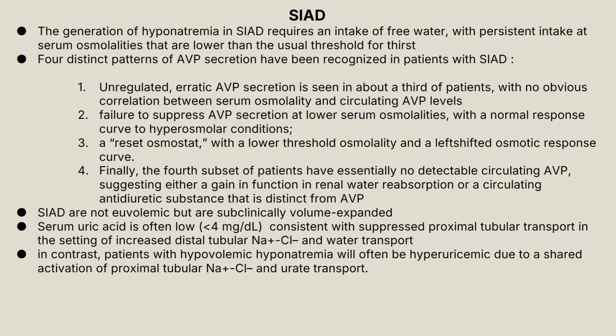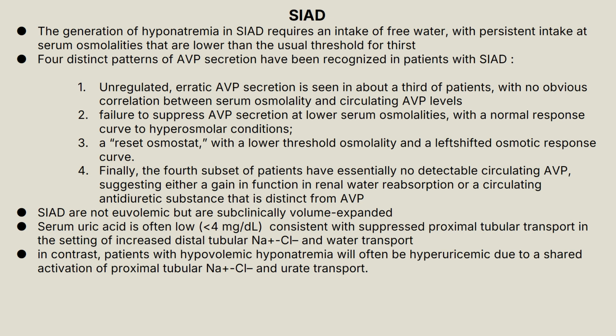Four distinct patterns of AVP secretion have been recognized in patients with SIAD. The first is unregulated erratic AVP secretion, seen in about a third of patients, with no obvious correlation between serum osmolality and circulating AVP. The second is a failure to suppress AVP secretion at lower serum osmolalities, with a normal response curve to hyperosmolar conditions. The third is a reset osmostat, with a lower threshold osmolality and a left shifted osmotic response curve.